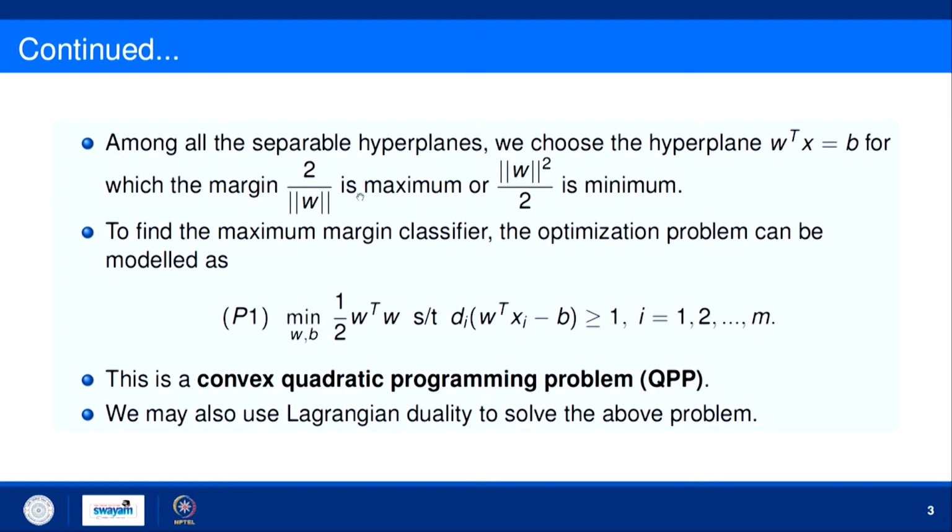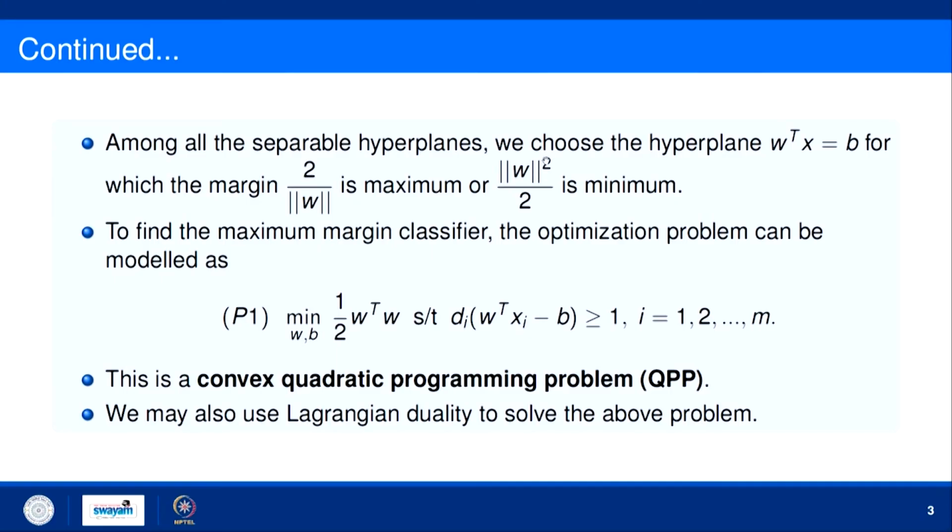Whether we minimize norm of W or norm square of W, both are the same, because norm is a non-negative quantity. So, it is equivalent to say that norm square W upon 2 is to be minimized. Now, norm of W squared can be written as W transpose W, the inner product of W with itself, and under the usual inner product it is nothing but W transpose W.